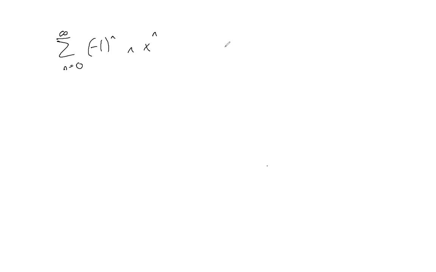Okay, so I apply ratio test to my power series, just like I would with a normal series. And remember, when I do ratio test, I'm looking at absolute value of an plus 1 over an. Okay. So when I do absolute values, I can ignore any negatives, right?